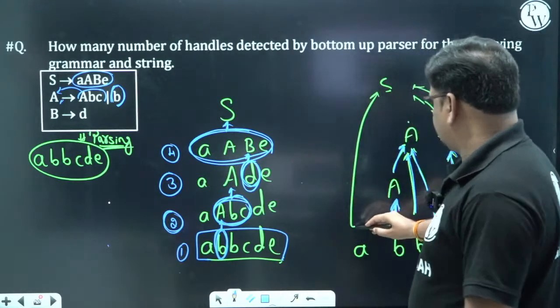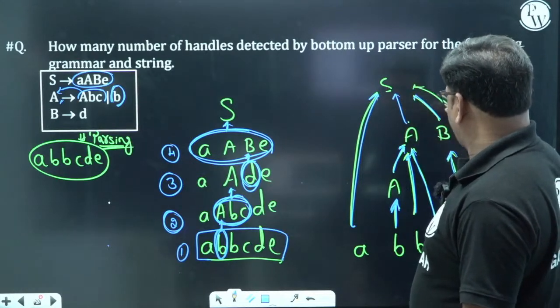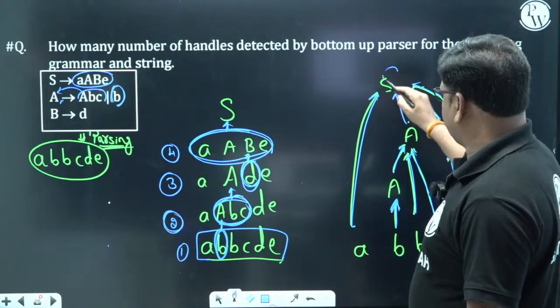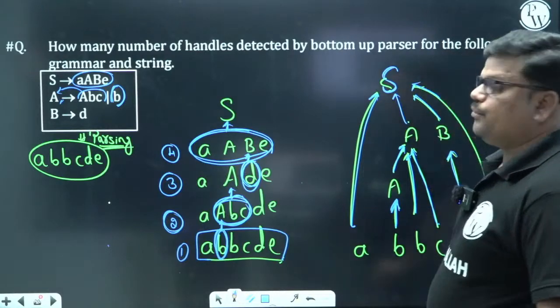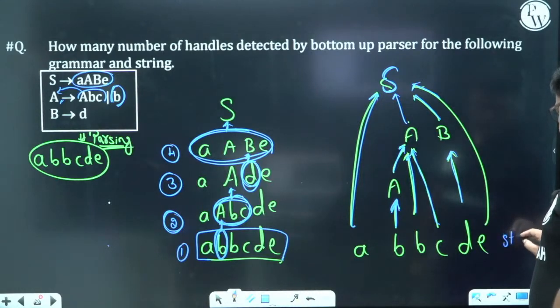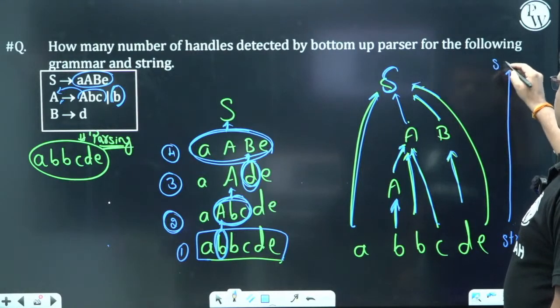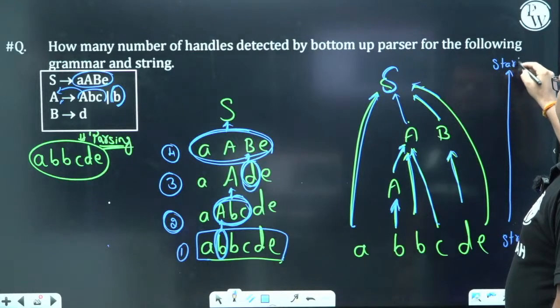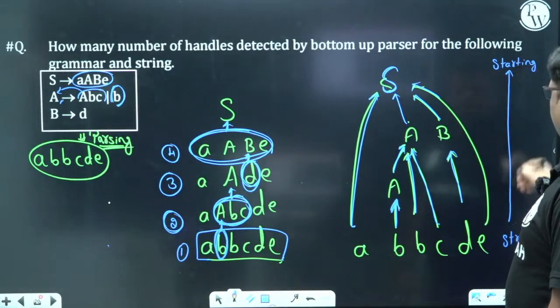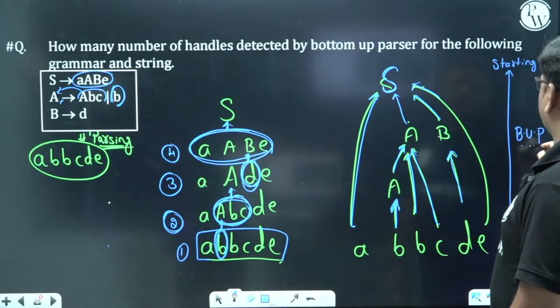Fourth step, A, this one, B, E, and the total S is constructed. So this is how the tree is constructed. Tree construction started at the given string, that is the bottom, and goes towards the starting symbol, bottom to top. That's why it is called bottom up parsing.